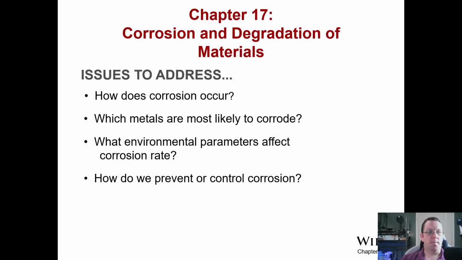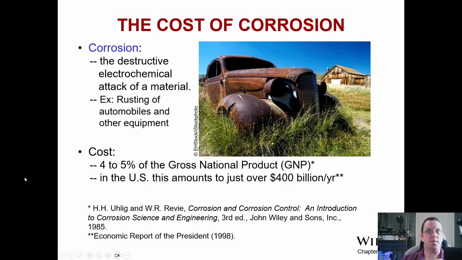So here's what we're going to be doing in terms of materials. Let me make sure we've got, yeah, there we go. The cost of corrosion is going to be very, very high, on the order of 4 to 5%, as of a report that was done in the mid 80s.